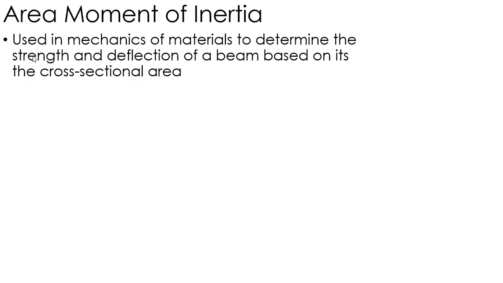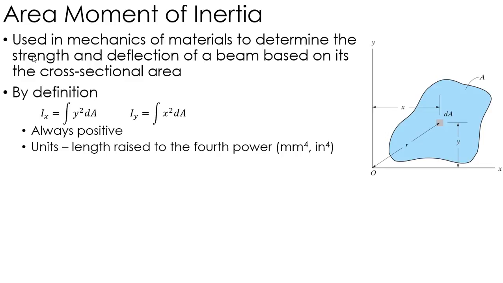So the definition is essentially given as the moment of inertia about the x-axis is simply the integral of y squared dA, where y squared is the distance away from the x-axis of a whole bunch of tiny little dAs, and you sum that using an integral.